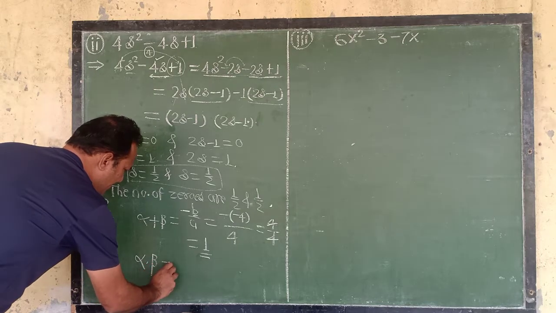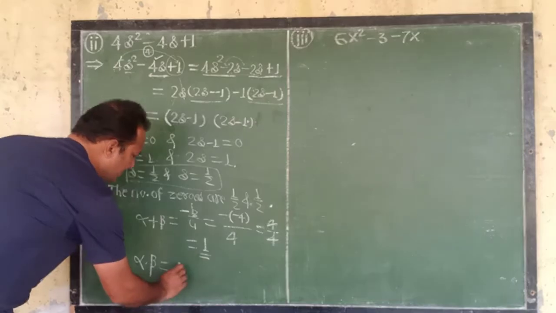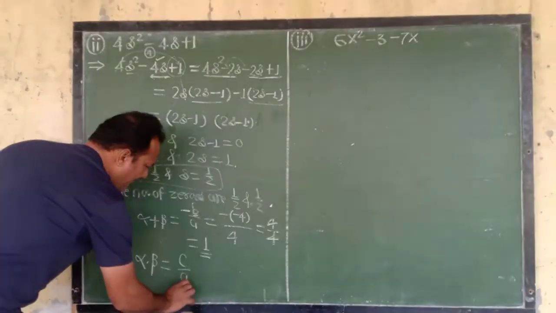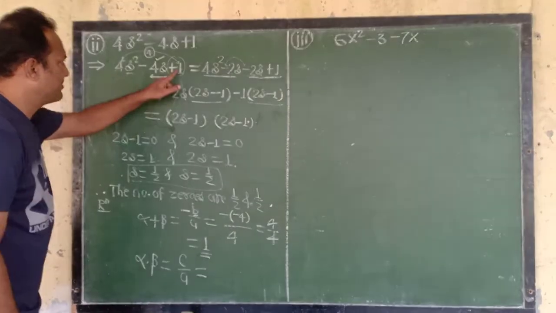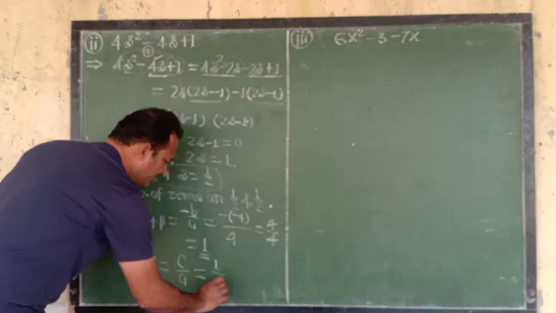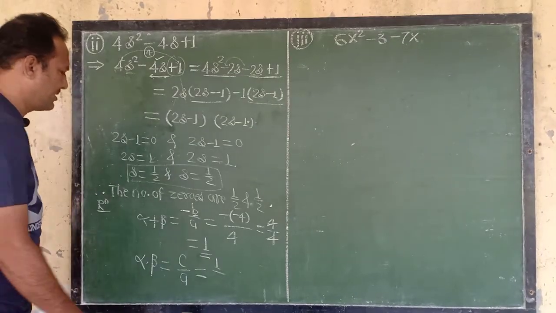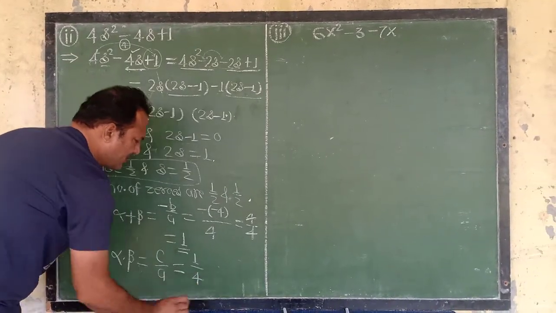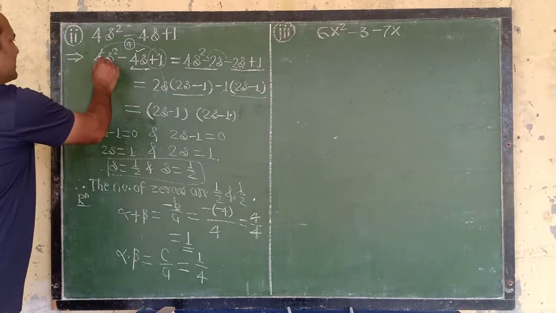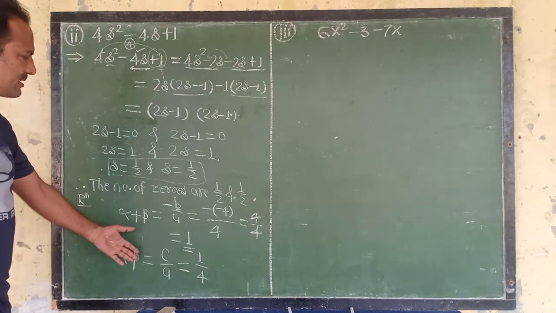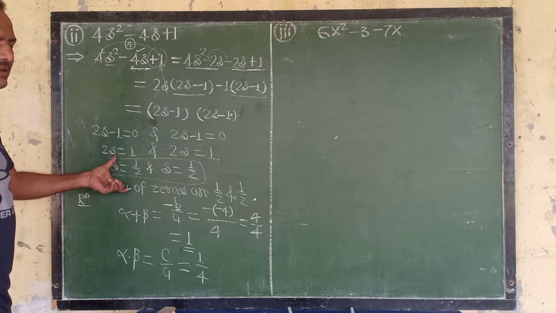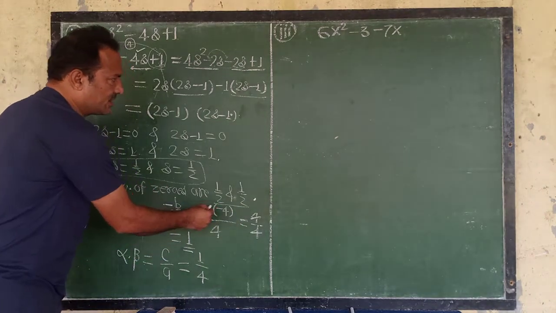Then alpha multiplied by beta is equal to c by a. c means the constant term. The constant term here is 1, and a here is 4. Then these are the relations, and these are the zeros.